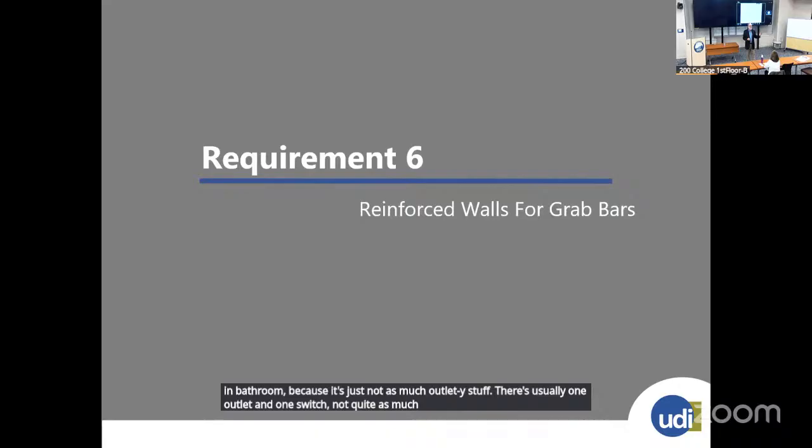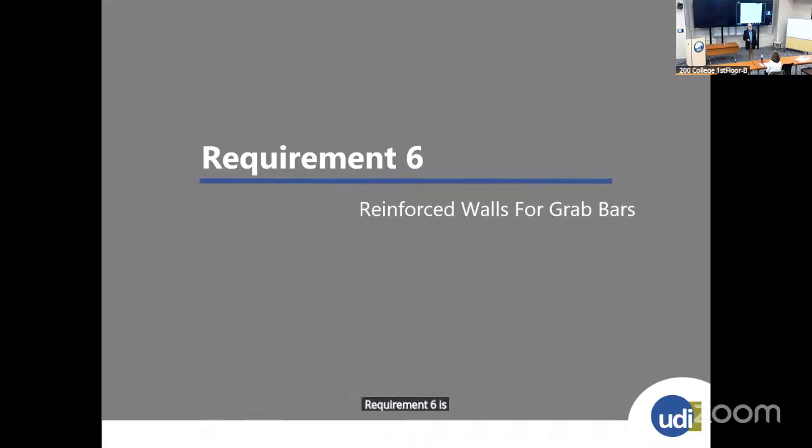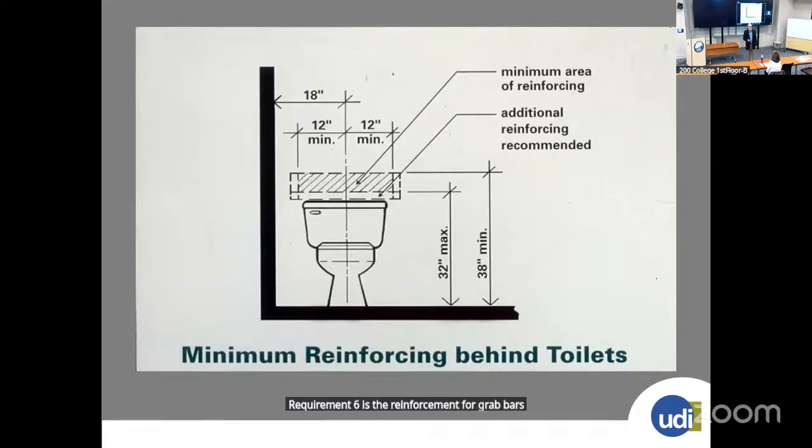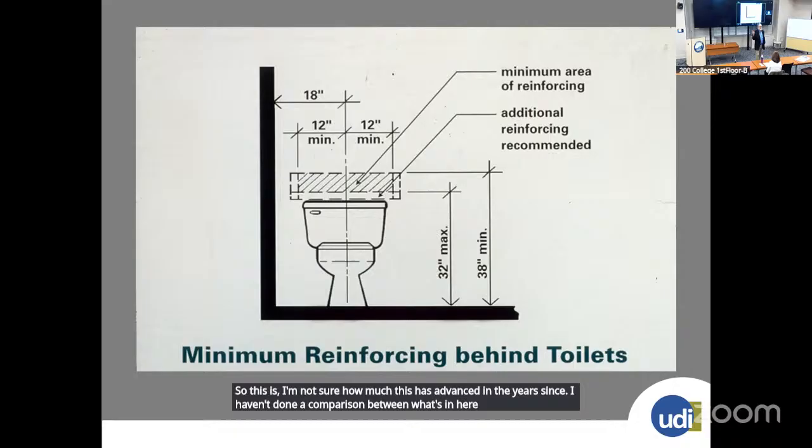So that's requirement 5. Requirement 6 is the reinforcement for grab bars. Holy cow. I'm not sure how much this has advanced in the years since. I haven't done a comparison between what's in here and what's maybe in some of the other standards. But our problem with this all along, because the Act doesn't require grab bars, right?